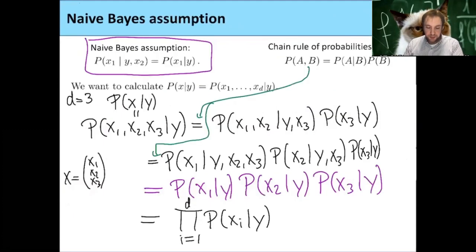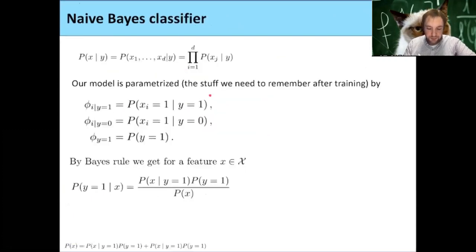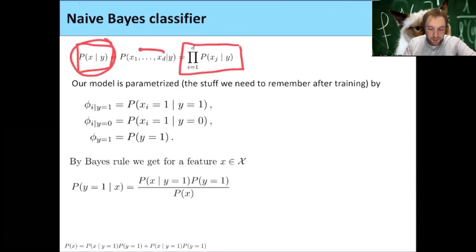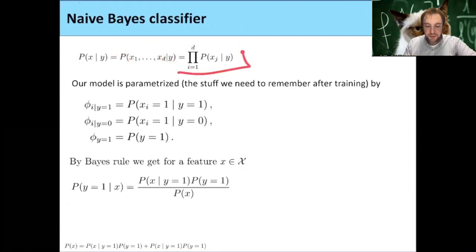And so in this slide here, I just give them names. So for each word, this is what we want to learn, but we learned in the slide before that the probability of an email under the assumption that it's spam is just given by the product of these probabilities of a word, or this should be an i here.